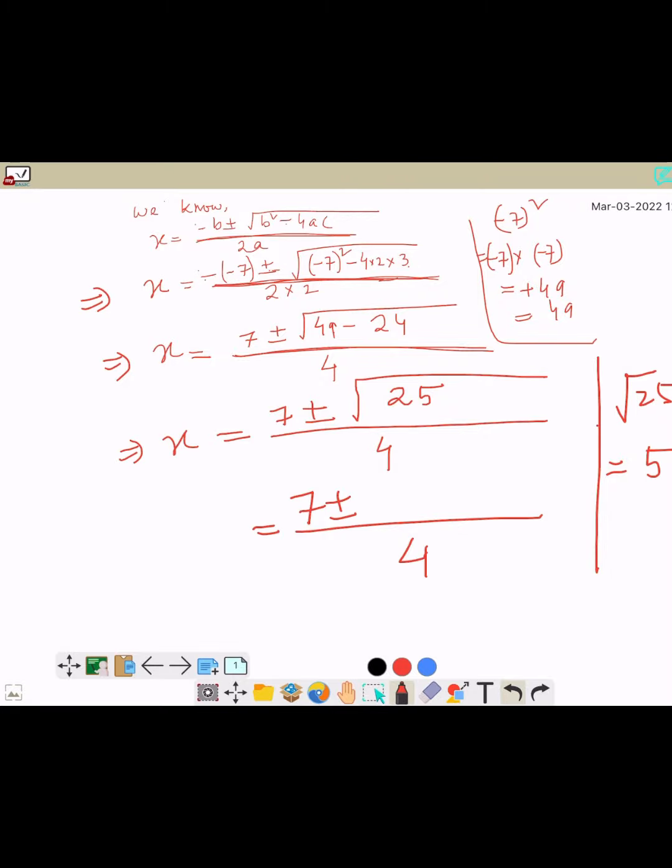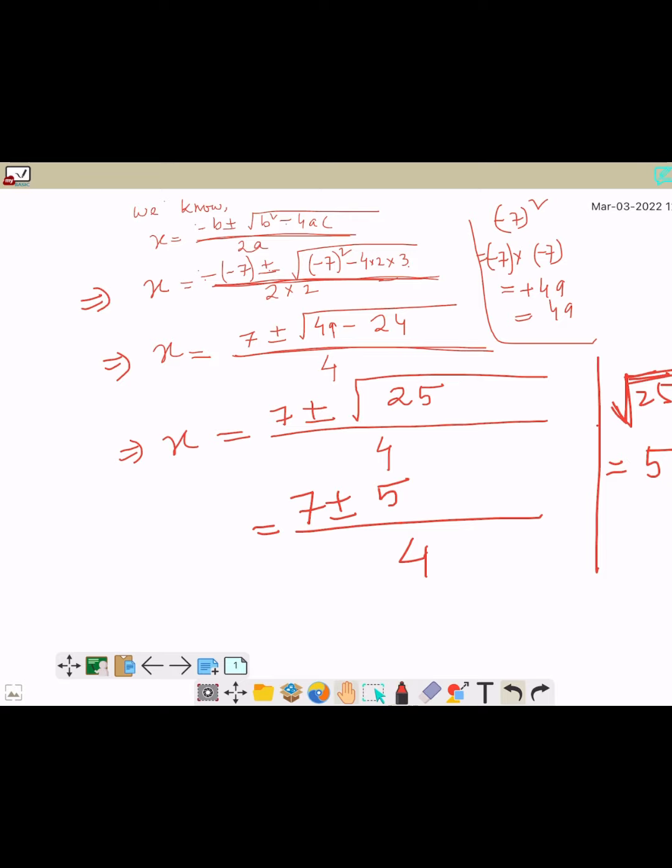This is nothing but a symbol to denote square root. So in place of the square root of 25, we can write 5. After that there is nothing to do because we have 7 plus minus 5, then 4.